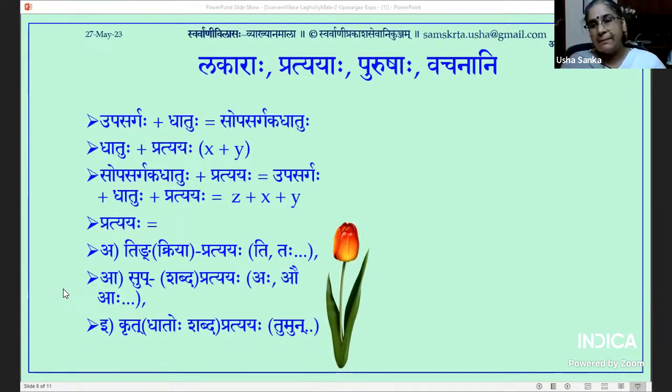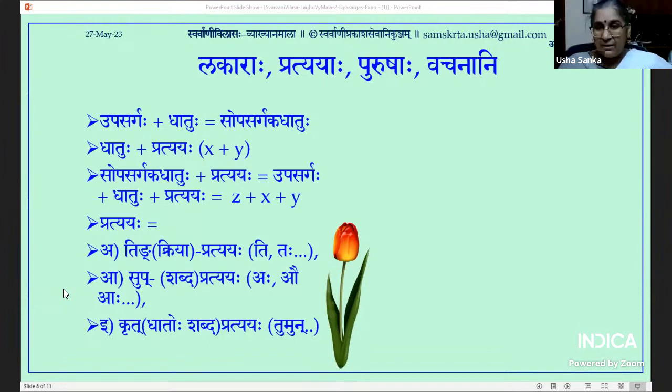The dirgha is coming because it has generated into a noun out of a dhatu, out of a verbal base. A verbal base generating a noun, that phenomenon in grammar is called Kridanta. So this also is taken up by the Upasarga ka dhatu and Pratyaya.